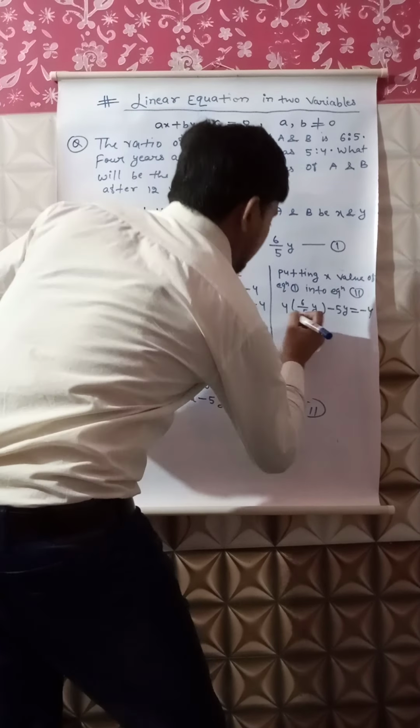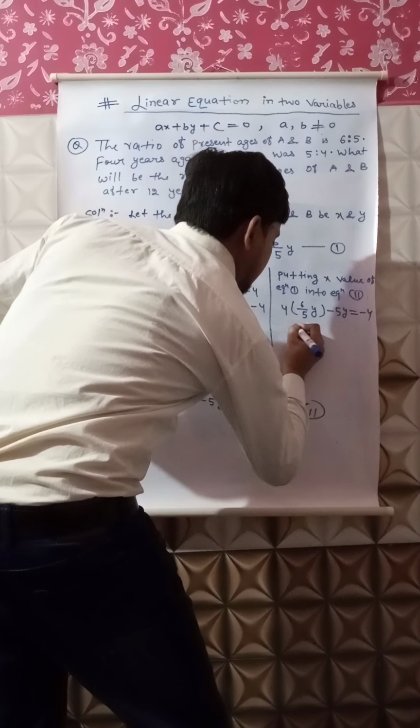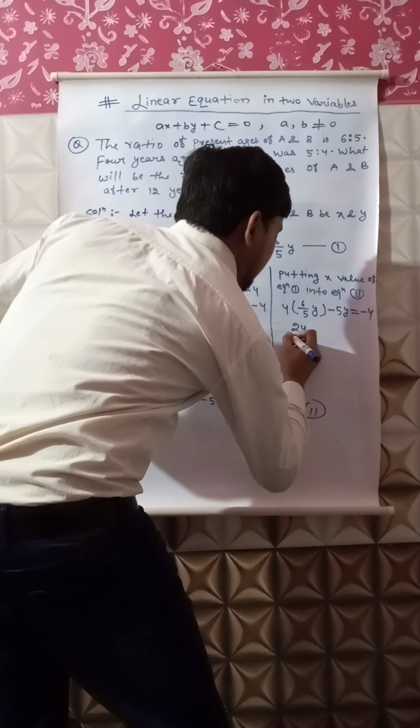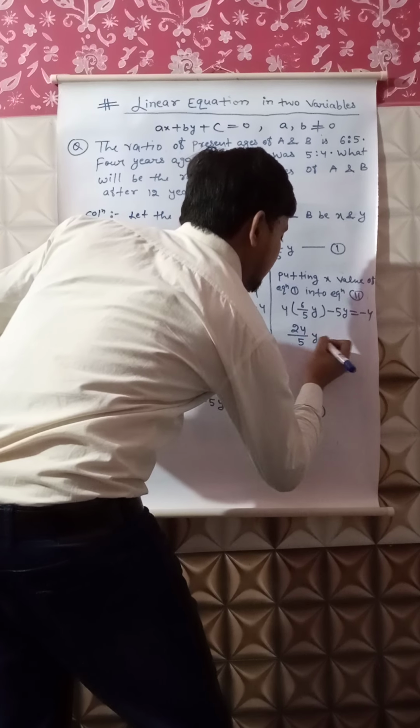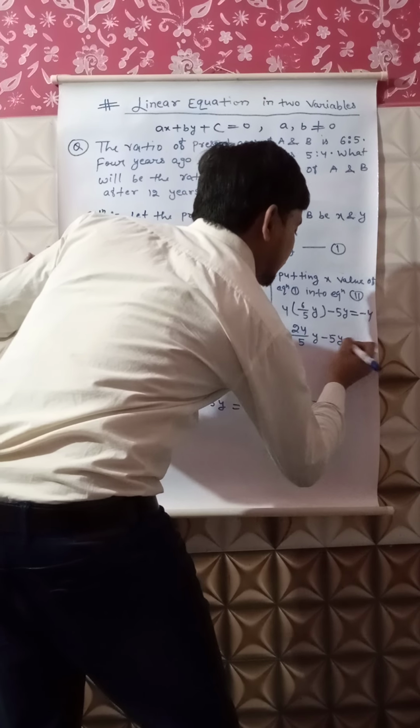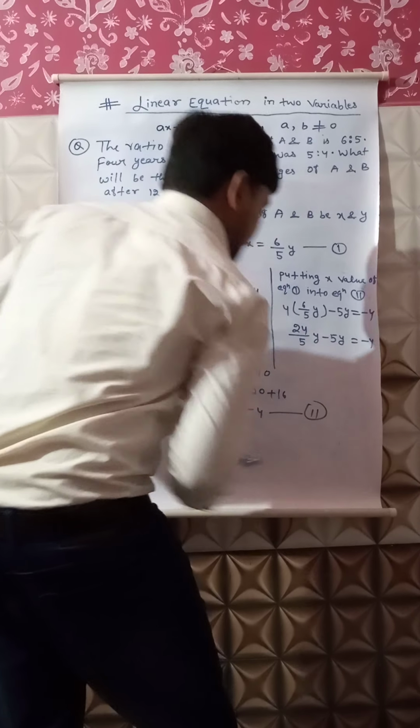So this will be 4 into 6, 24 upon 5 y, minus 5y is equal to minus 4.